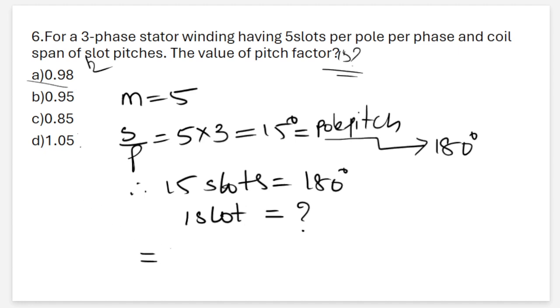It is equal to 180 degrees by 15, we get 12 degrees. It is the value of a slot pitch. In the question, beta is given as 12 slot pitches. So it means 12 into 12 degrees, we get beta value 144 degrees.